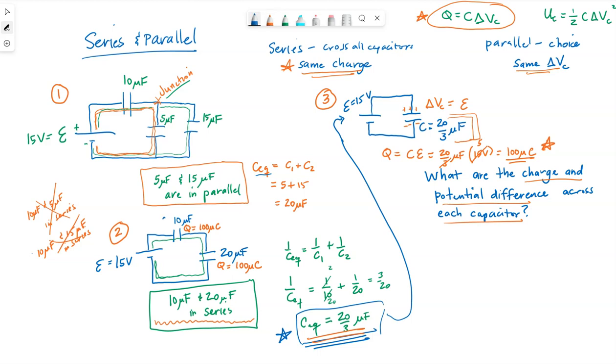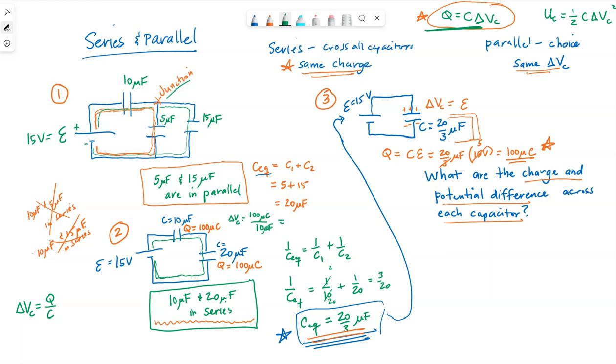The values we already have on here are capacitance. So now that we're in circuit 2, having capacitance and charge, same equation that we have at the top, I can solve for potential difference. So this top capacitor here, delta V, would be the charge itself, the 100 microcoulombs, divided by the 10 microfarads.